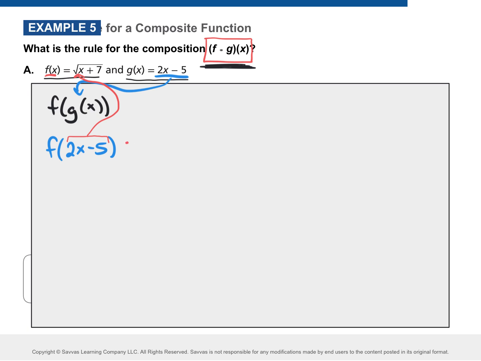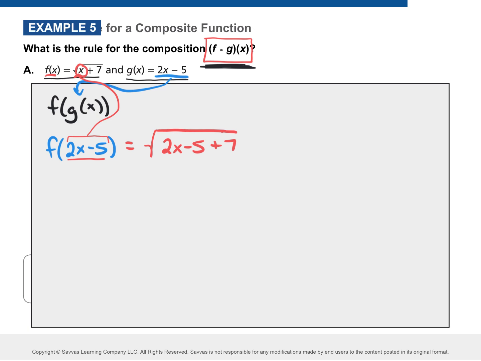Okay, so what this is going to turn into is the square root of, now instead of that x, this is what's replacing it. So 2x minus 5 plus 7. All that happened was this, what I had here, replaced the x that it started with.